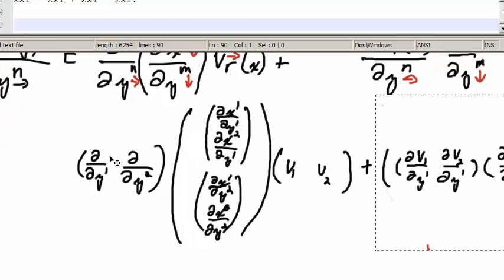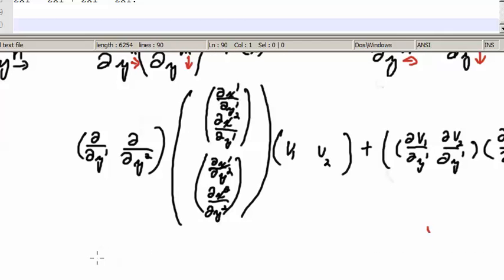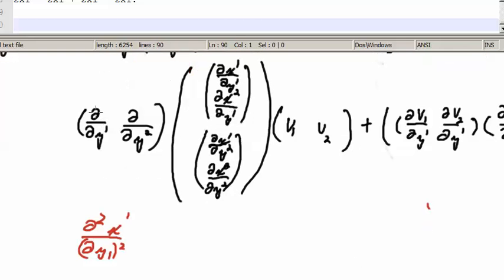We would be doing this part first. This times this plus this times this. That would end up being a, let's see, this times this plus this times this would end up being a 2 by 1. So del squared del x1 del y1 del y1.